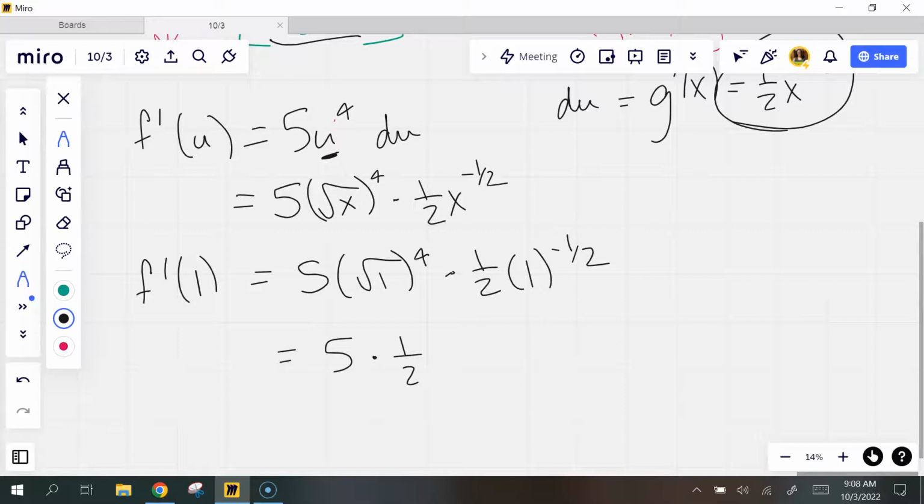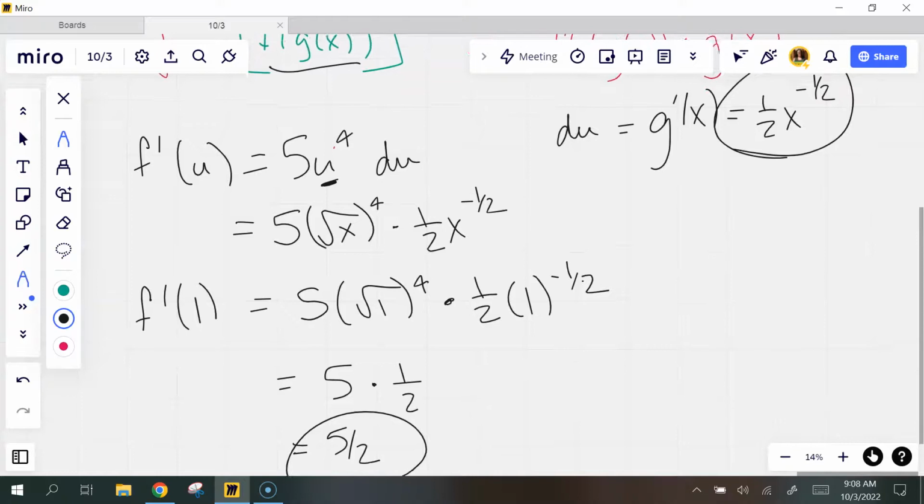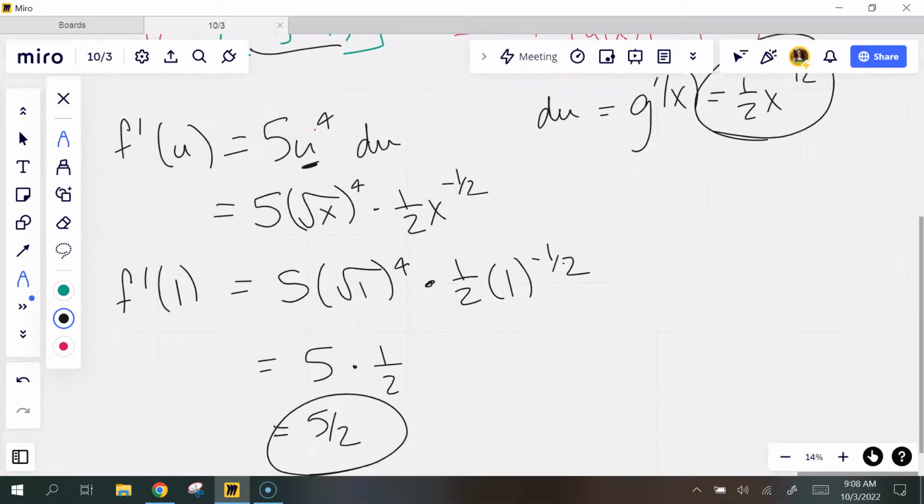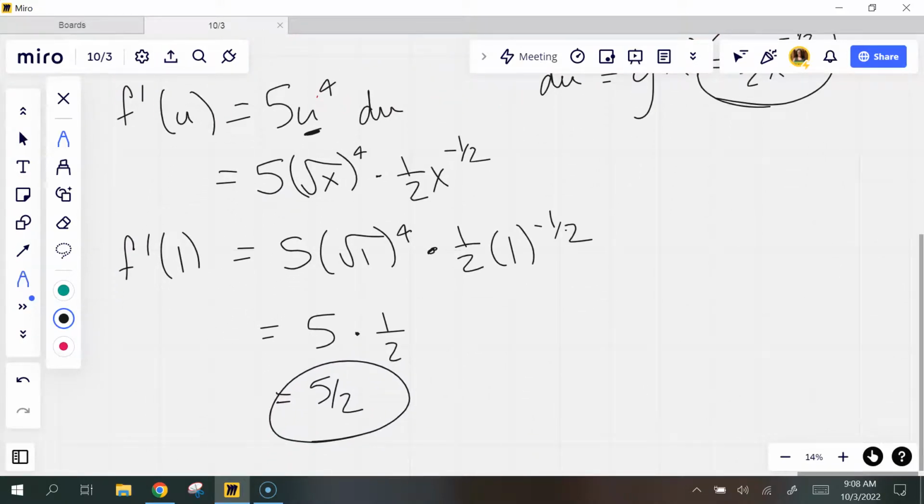Well, 1 to... I know this looks so overly complicated for what I really found, right? It's 1 over the square root of 1.